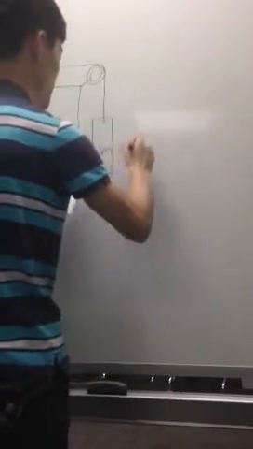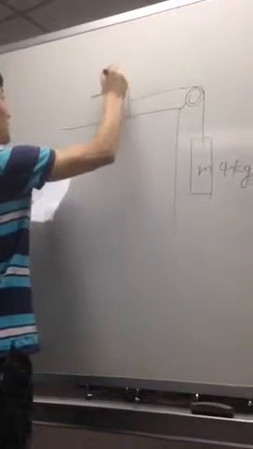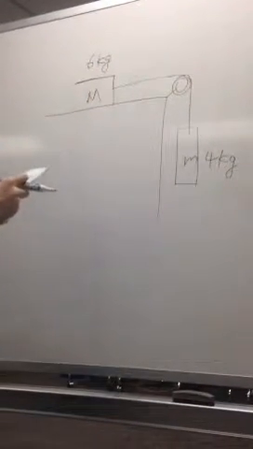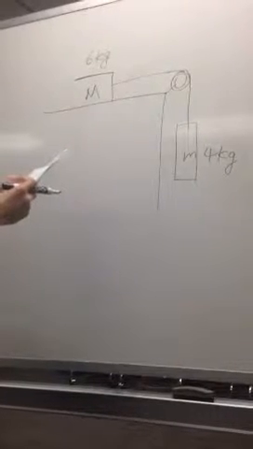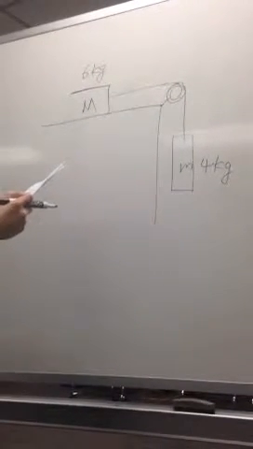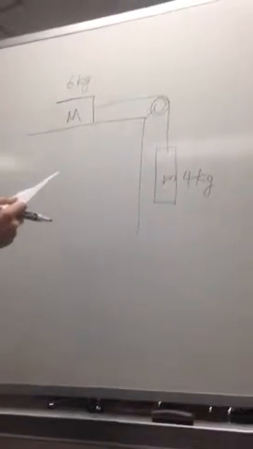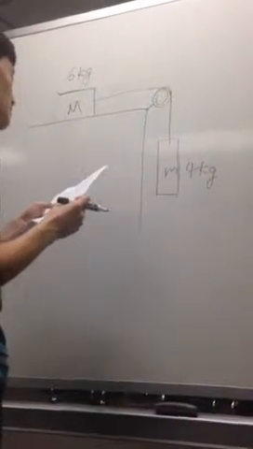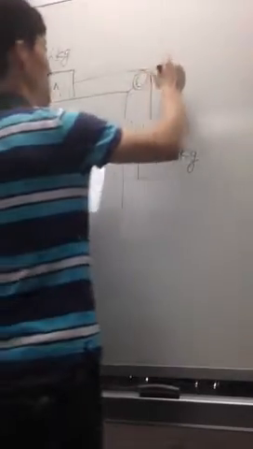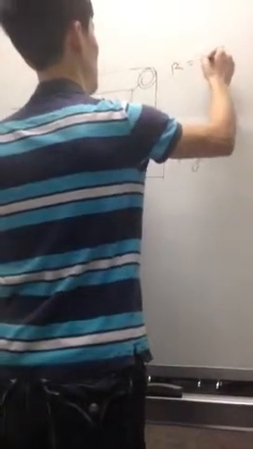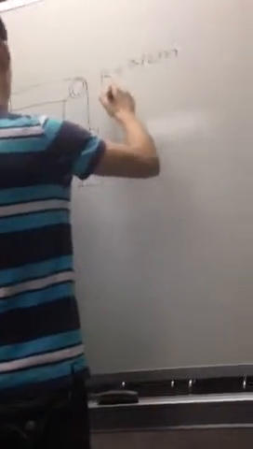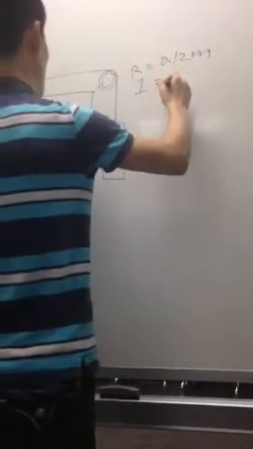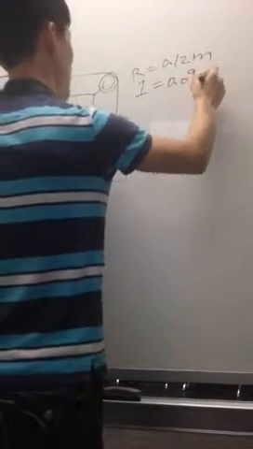This is 4 kilograms. Okay, and that is 6 kilograms. Smooth horizontal surface. The pulley rotates. The radius is 0.12. The moment of inertia is 0.09.